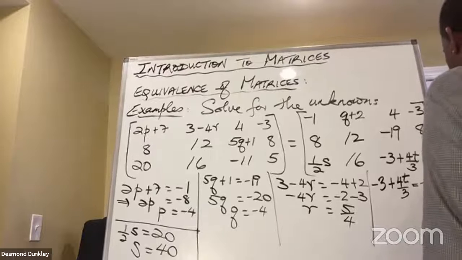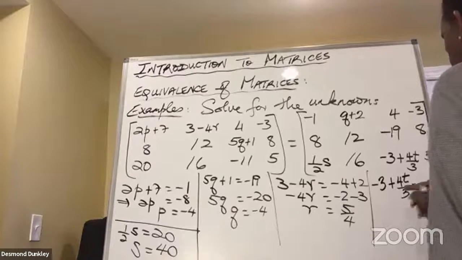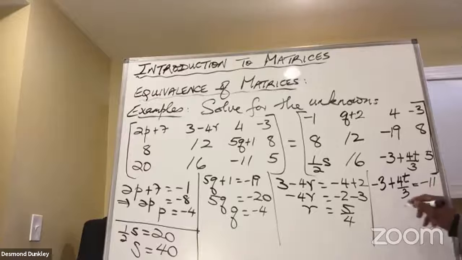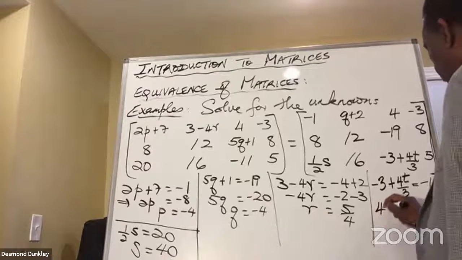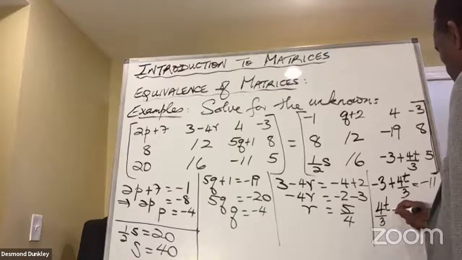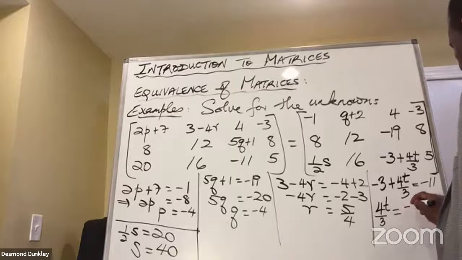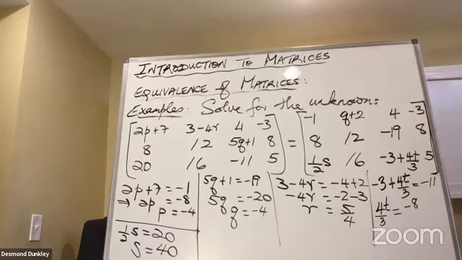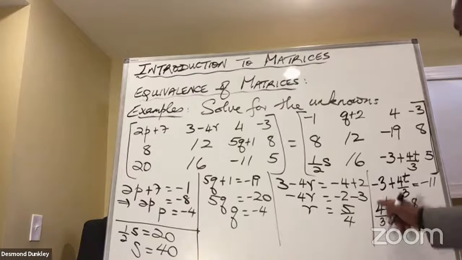Equal to -11. So let's add 3 to both sides. We end up with 4T over 3 equal to -8. And now we need to get rid of the 4T, so we get T by itself.